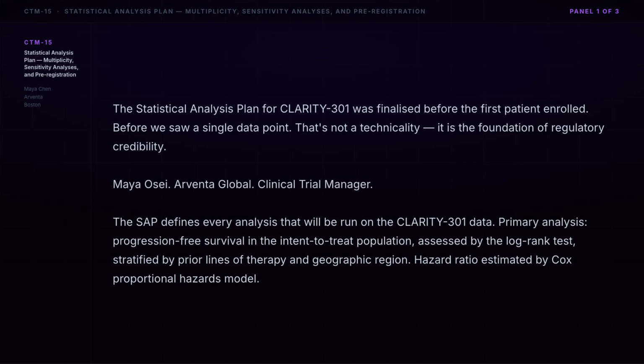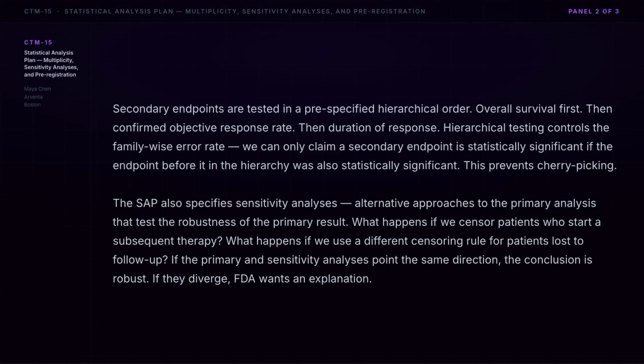The SAP defines every analysis that will be run on the Clarity 301 data. Primary analysis, progression-free survival in the intent-to-treat population, assessed by the log-rank test, stratified by prior lines of therapy and geographic region. Hazard ratio estimated by Cox proportional hazards model.